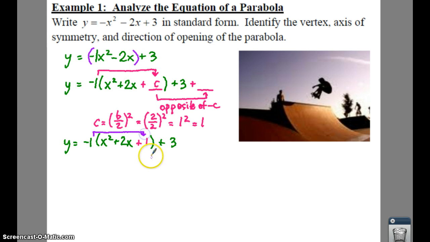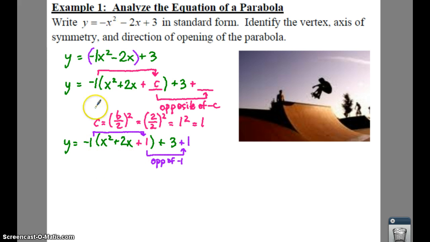So if you multiply those and then you do the opposite on the outside, then what we have to do on the outside is put the opposite of -1. So the opposite of -1 is just a plus 1 out here. So it's not always that these are the same number, but the only way that they would be the same number is if you have a 1 and if you have a negative out here.